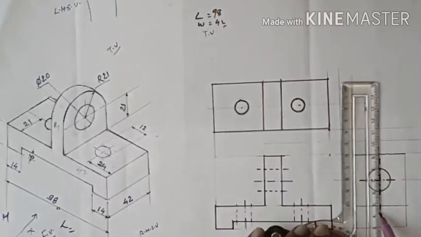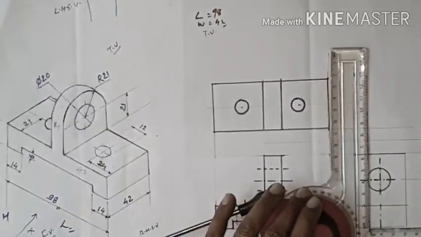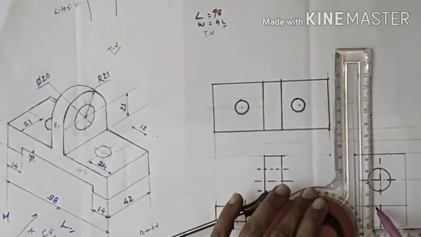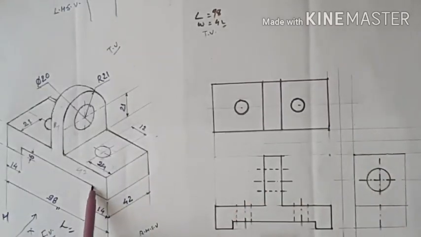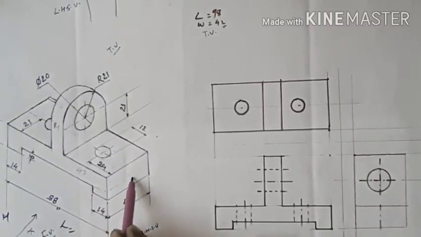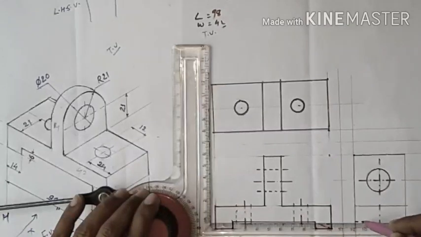And now for this again we need to draw a center line. And what is this? This is 6 mm, 12 mm. So putting 6 from both sides, and this extra 6 mm height is not shown here, so we need to mark it like this, as a dotted line. So this is your dotted line.